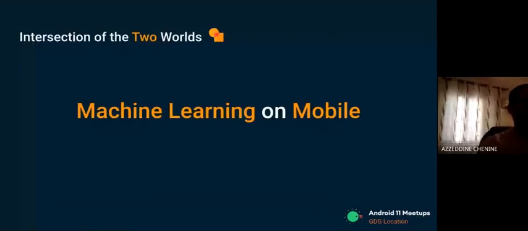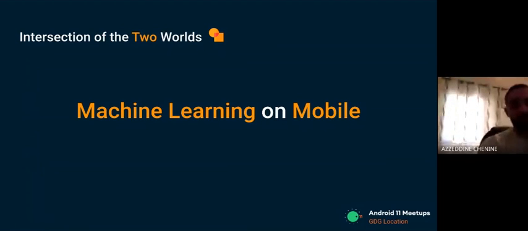So if we need to move on from mobile first to AI first, we need to spot an intersection between these two words, which is machine learning on mobile.